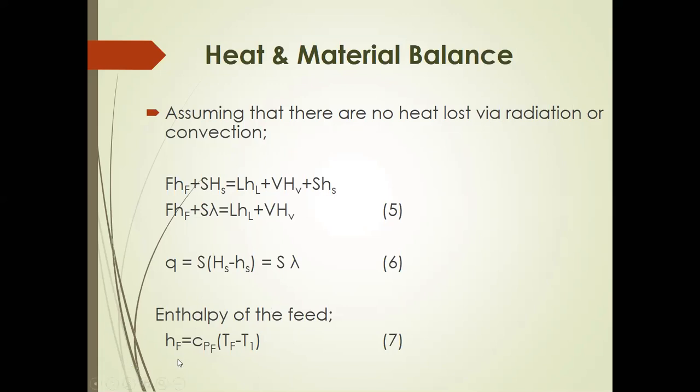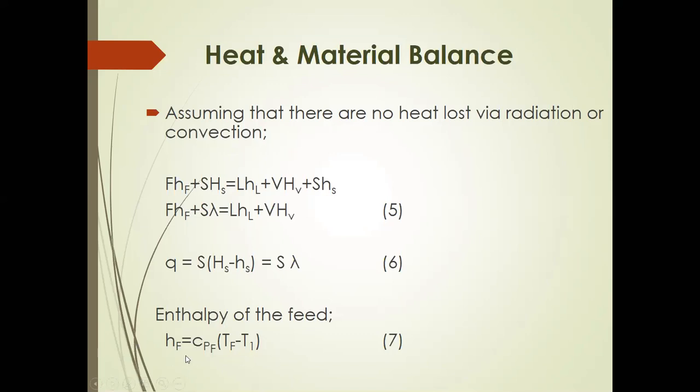If the system that is given in the problem does not have a concentration enthalpy diagram. Because, class, the concentration enthalpy diagram that is found in most books in unit operations under the evaporation topic is only that for sodium hydroxide. There's no concentration enthalpy diagram for other systems. So if it's a different system, a different solid, what you need to do in determining the enthalpy is use this formula.